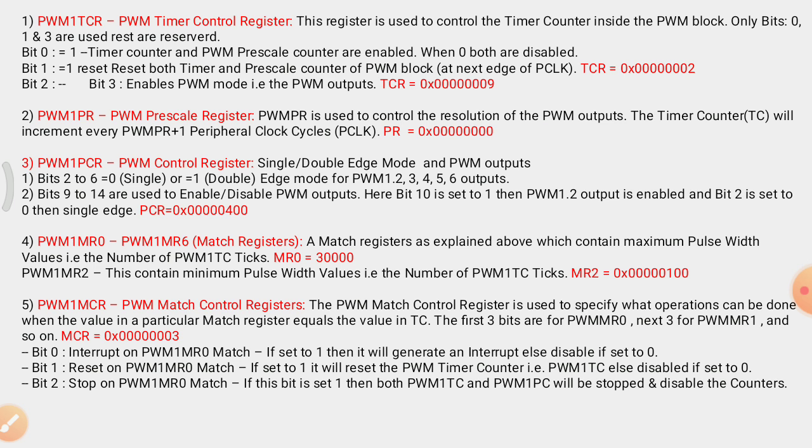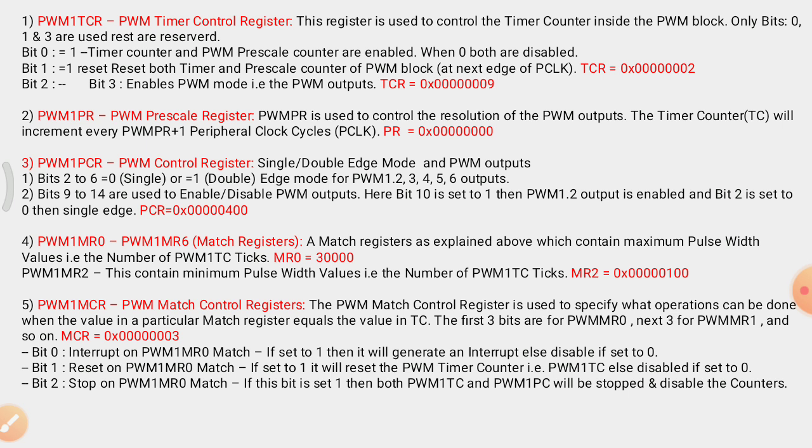Only bits 0, 1 and 3 of this TCR register are used, whereas bit 0 is used to enable and disable TC and PR. TC is the timer counter, PR is the prescaler counter.